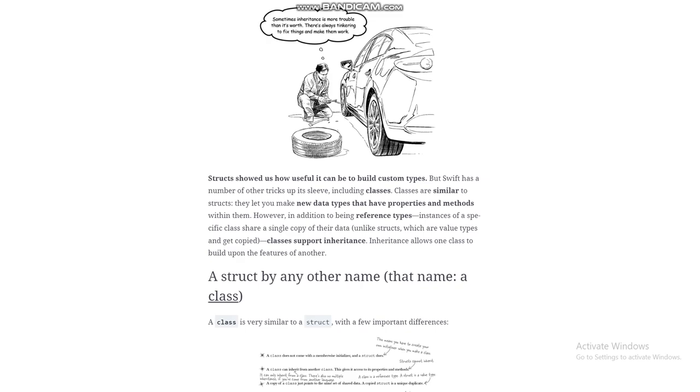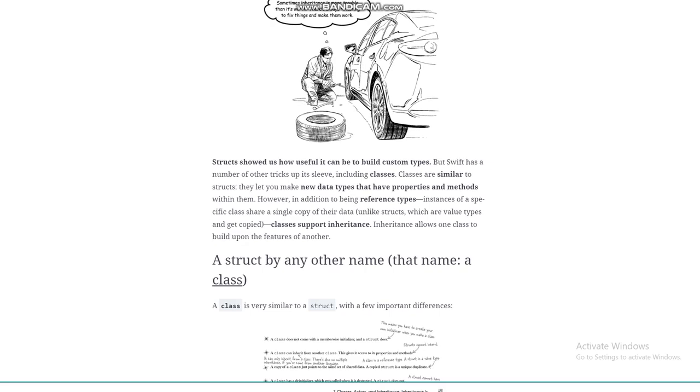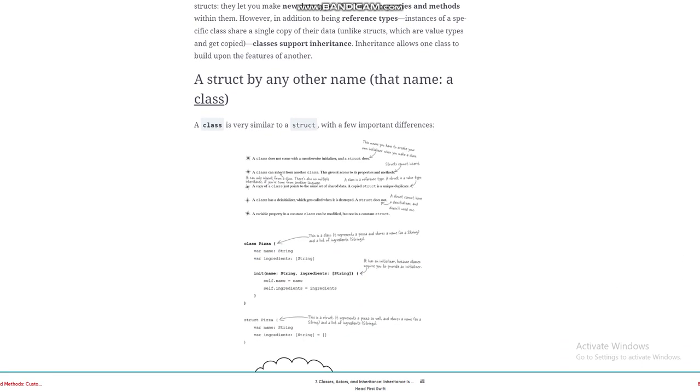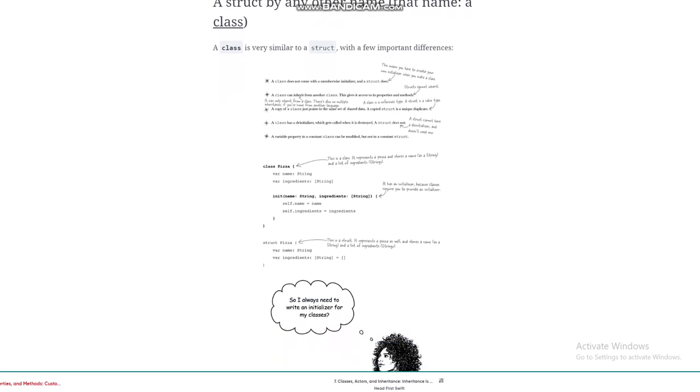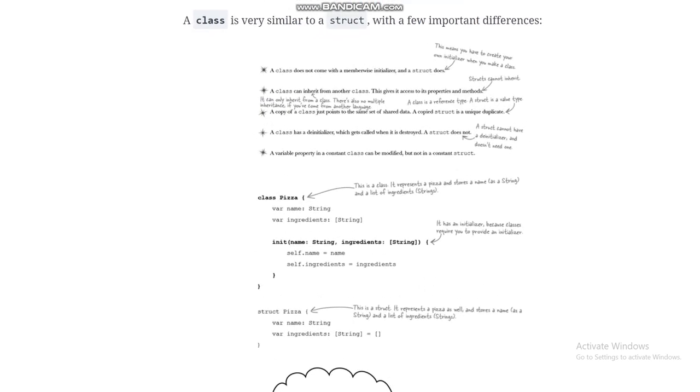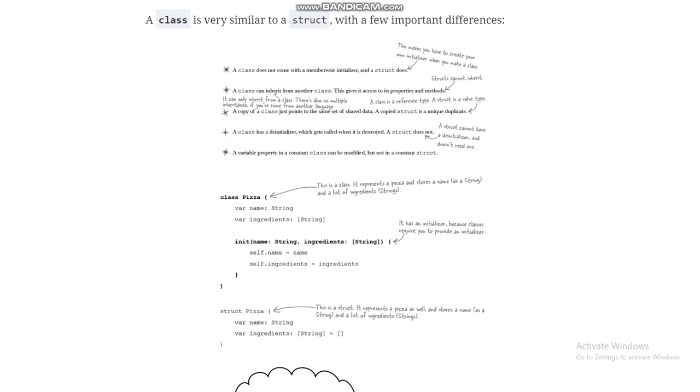Inheritance allows one class to build upon the features of another. Class and structs are similar, with a few important differences, right? A class doesn't come with a memberwise initializer, and a struct does.